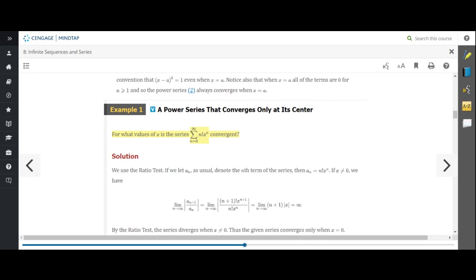So when n is 0, we have 0 factorial. 0 factorial is 1. And then n is 1, 1 factorial is 1. And then n is 2, 2 factorial is 2 times 1. Okay, n equals 3, that's the next value of n. You get 3 factorial, the coefficient 3 factorial.